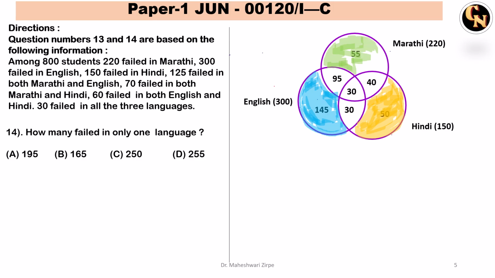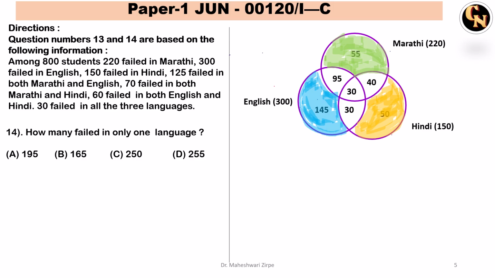So add all these three together, that is 55 plus 50 plus 145, and you can get the correct answer. What is the correct answer you get? You get 250. Correct? So these are the students who have failed only in one subject, which we have highlighted just now.